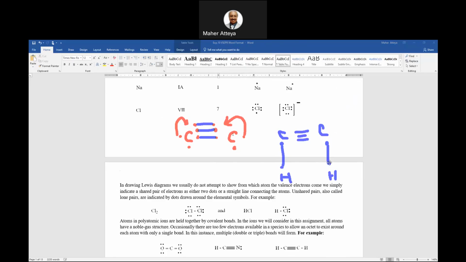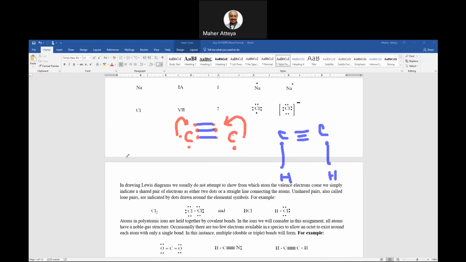Now, you have to recall this is for covalent bonds. This is not for metals. The metal is not involved in the Lewis dot structure. The metal will be different because one will be giving, one will be taking. If I look at the metal, then I have another story here.